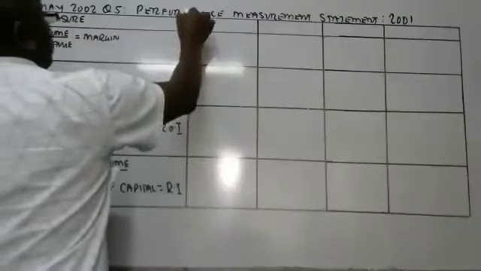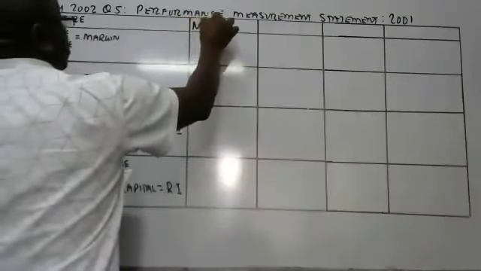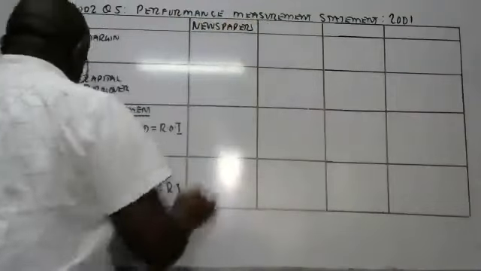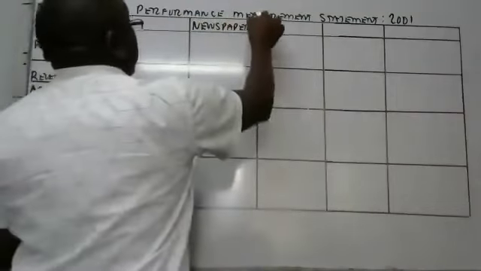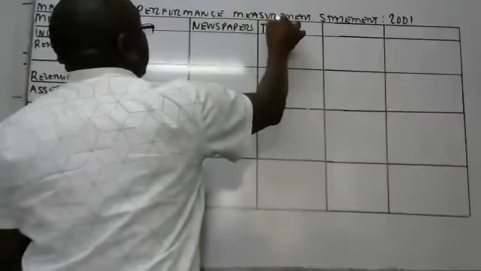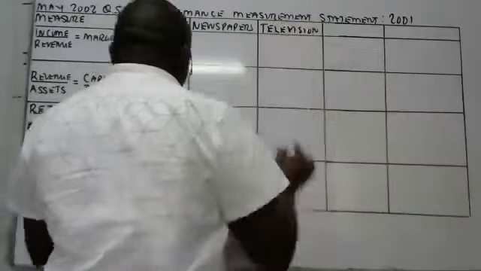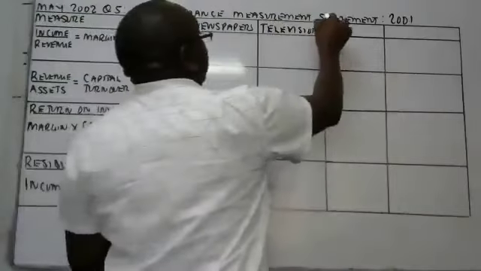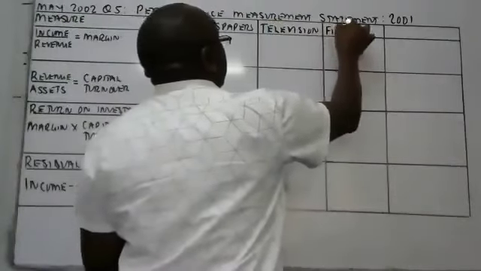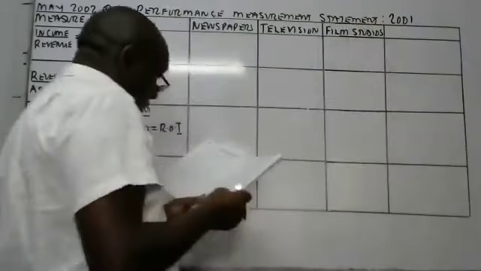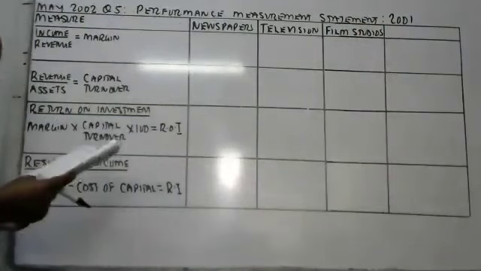So the first division is called newspapers. The next one is called television. The other one is called film studios. Then they are mentioning a new project.